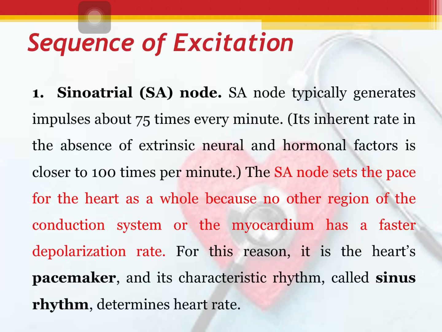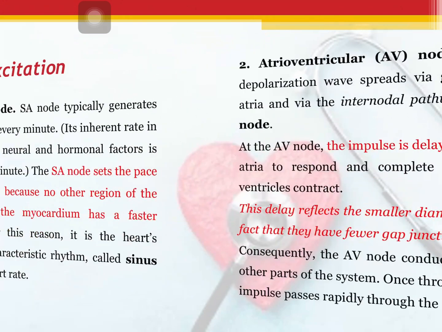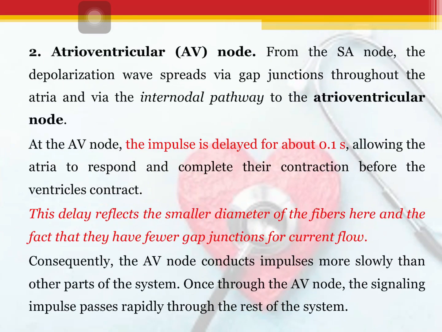The SA node sets the pace for the heart as a whole because no other region of the conduction system or the myocardium has a faster depolarization rate. For this reason, it is the heart's pacemaker. It is called the pacemaker of the heart because its conduction defines the characteristic rhythm of the heart, which is called the sinus rhythm. And this sinus rhythm also determines the heart rate.